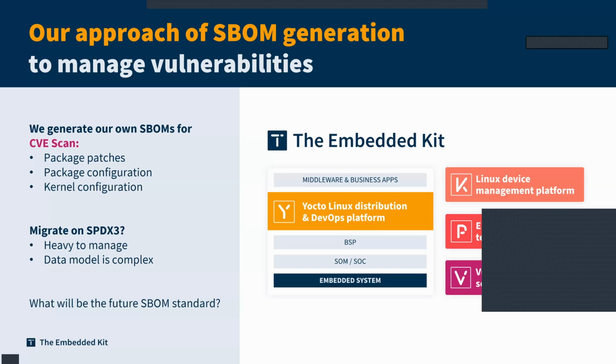It also makes sense for the licensing model and understanding all the license components integrated, and for sure it is a key topic for vulnerability management. The CRA coming in the EU is raising a lot of questions and we have a lot of our customers asking about how they can manage this stuff.